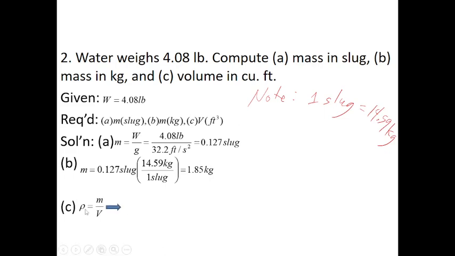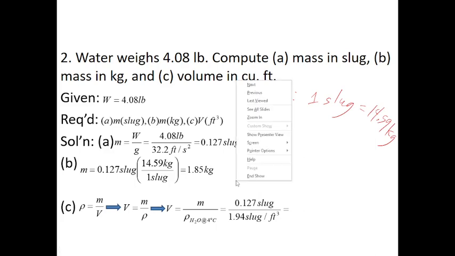So recall that the density of water can be obtained using the formula mass over volume. So rearranging this equation, we get volume equals mass over density. Okay, and in that case, we have to determine the density of water at a certain temperature.